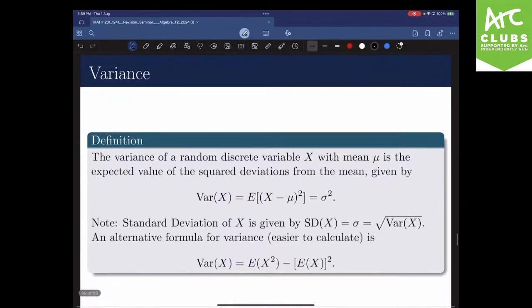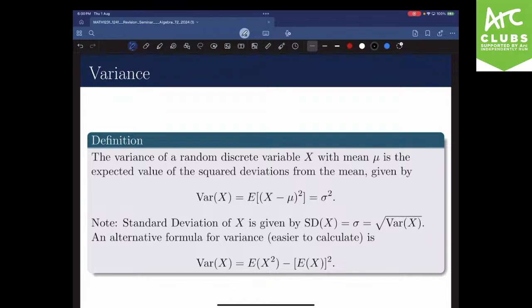Okay, next we have the variance. The variance of a discrete random variable with mean mu is the expected value of the squared deviations from the mean, given by this formula. Variance of X is equal to the expected value of (X minus mu) squared, which is equal to sigma squared. Essentially, the variance is a measure of the average spread of a data set.